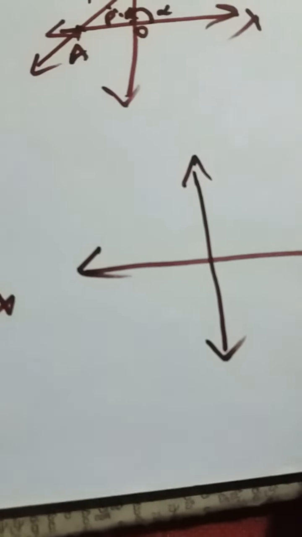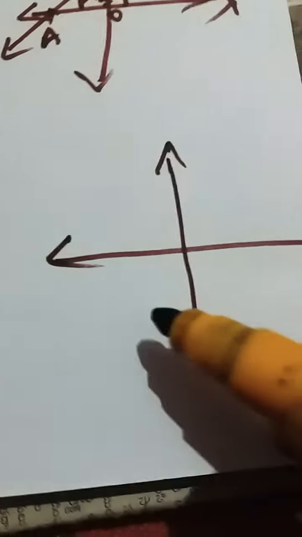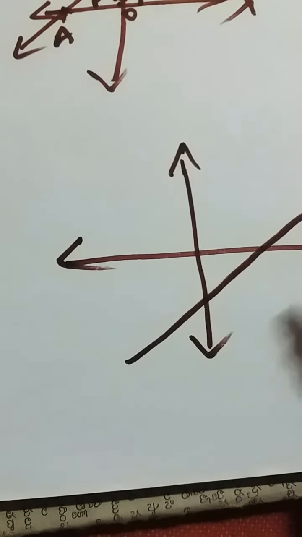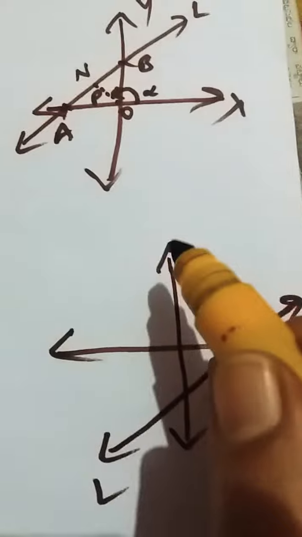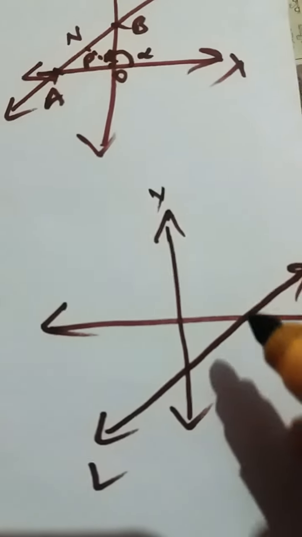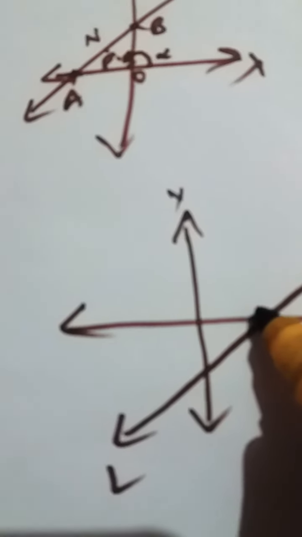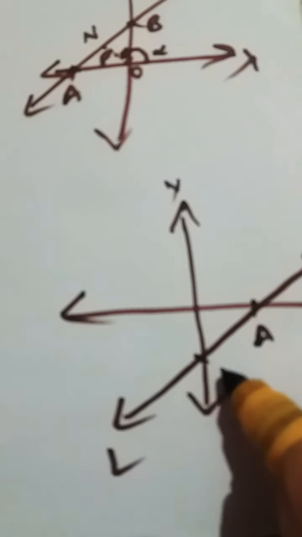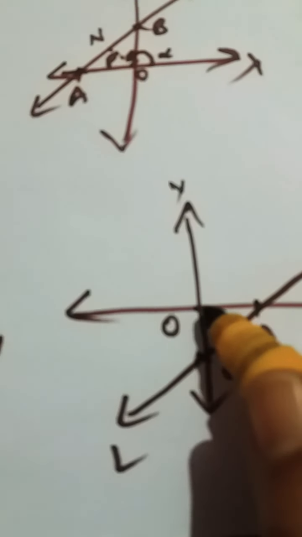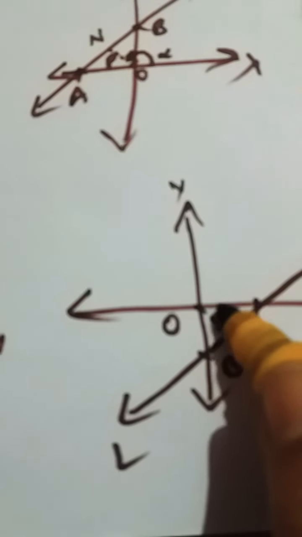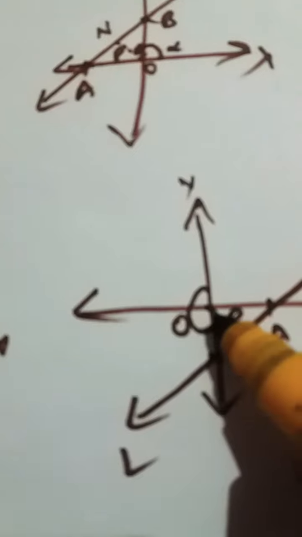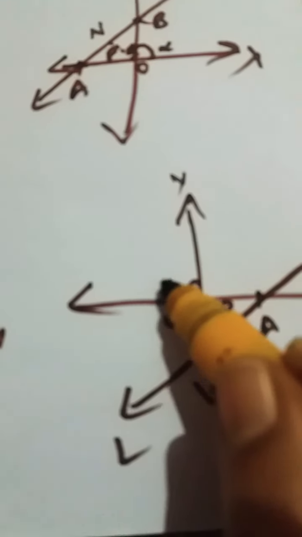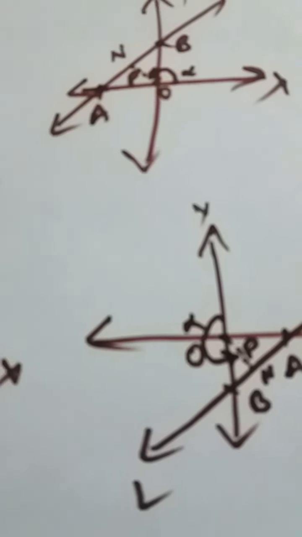Now, our line L may lie in the fourth quadrant also. So, there is a possibility of line L lying in the fourth quadrant. X-axis, y-axis, line L. It meets the x-axis at a point A, y-axis at a point B. O is the origin, ON is perpendicular, ON distance is p, and it makes angle alpha with the x-axis.